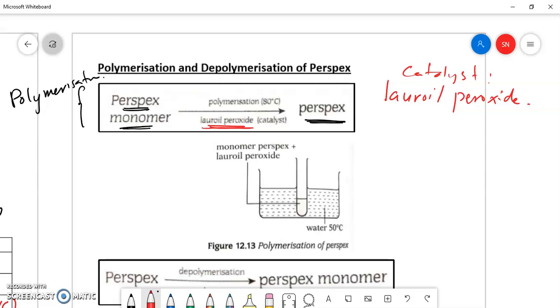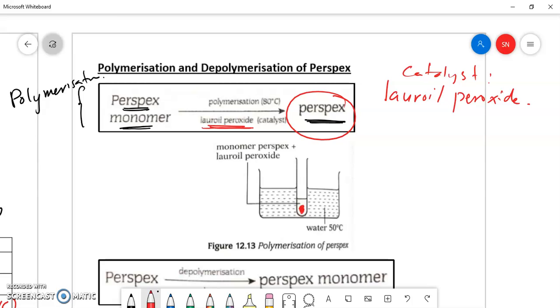The apparatus involves a beaker, heated up to between 50 and 80 degrees. Lauroyl peroxide is mixed with the monomer of perspex, and the reaction product is produced in the test tube, which is cooled down until a transparent solid is formed. The transparent solid formed here is the perspex.